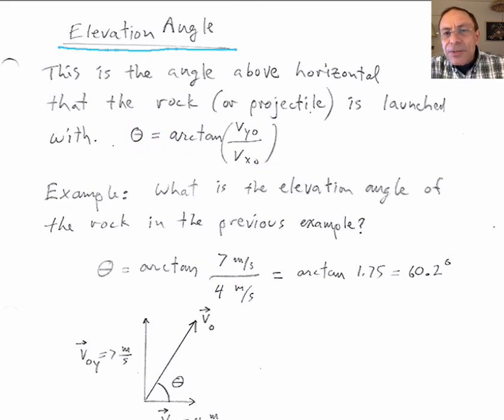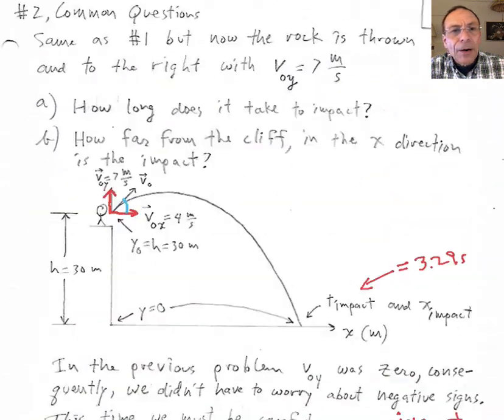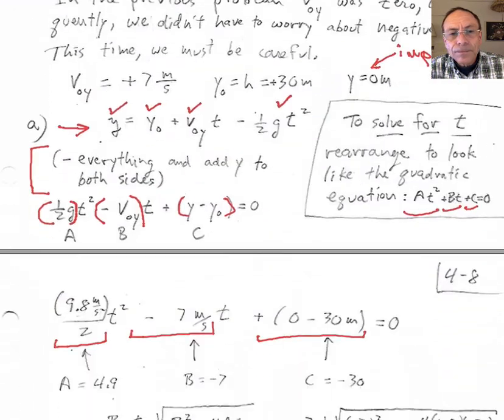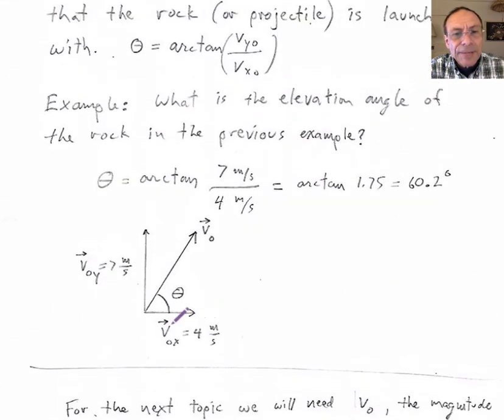Now, in the previous example, we were talking about something that was launched with an x component of velocity 4 meters per second and a y component 7 meters per second. And this angle right here, that would be the elevation angle. We've got the same velocities right here, 4 meters per second and 7 meters per second.